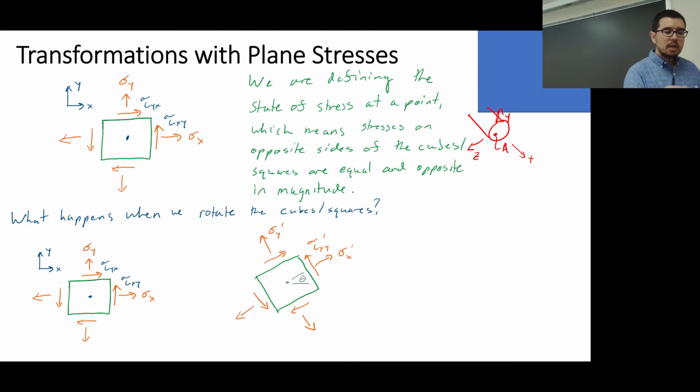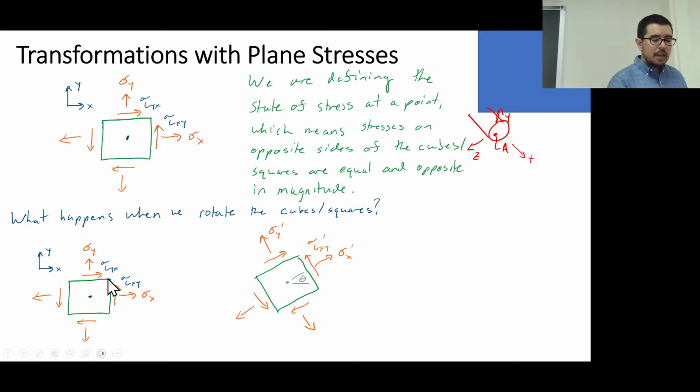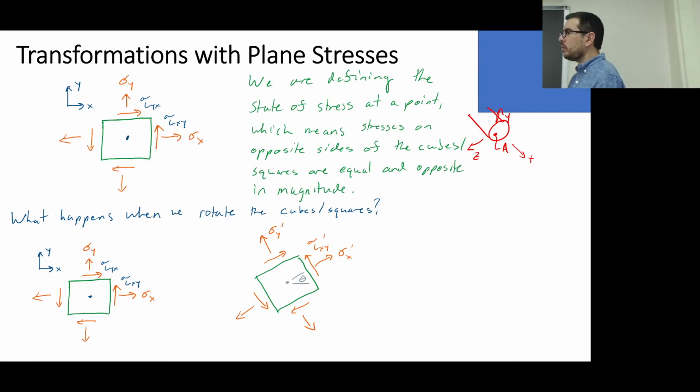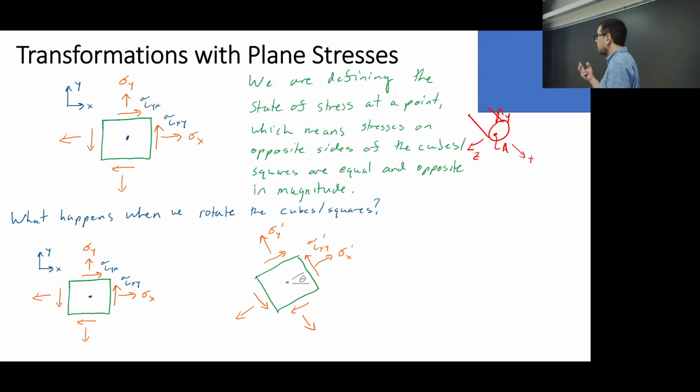So I can go to this state and rotate, and then rotate again. There's an infinite number of angles that I can rotate by, and I want to be able to get back to that original state of stress.